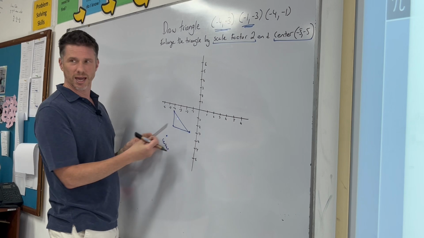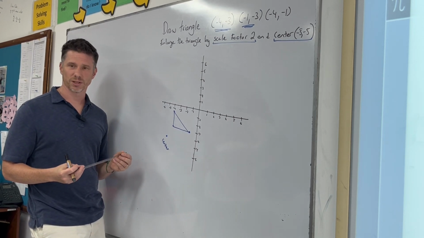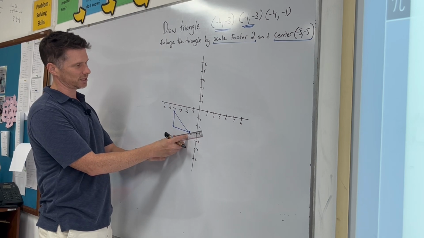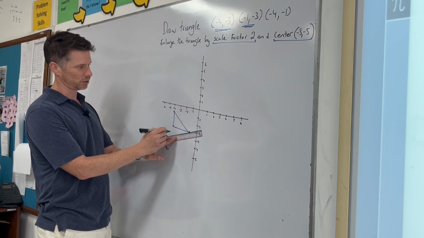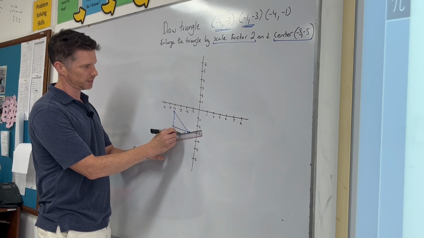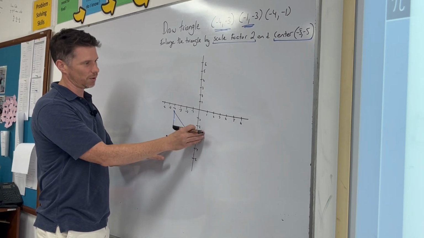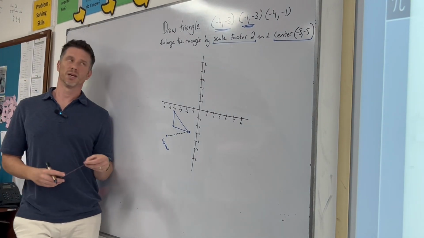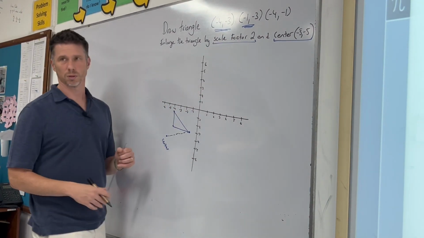And I'm going to look at all 3 corners, vertices of this shape. I'm going to first of all look at the distance from this center to there. So I'm looking at this distance here. Now on my ruler, that's a distance of 15 centimeters. Now my scale factor is 2.